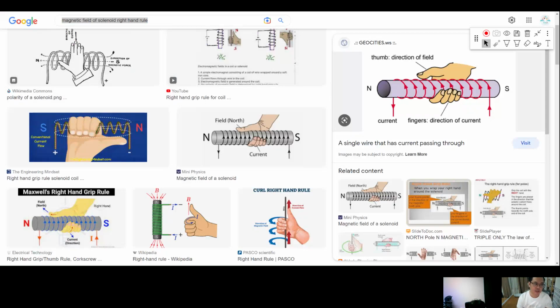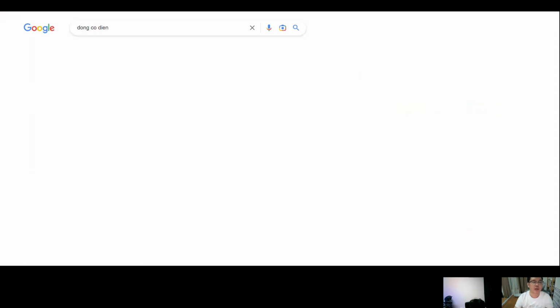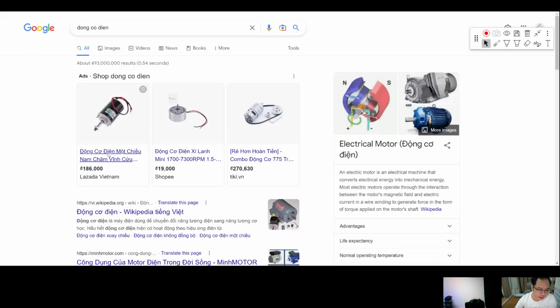You can look into the spec of the motor to see the torque. This is the dimension. This is the power. This is the speed, not the torque. But some other motors will give the specs, which include the torque.